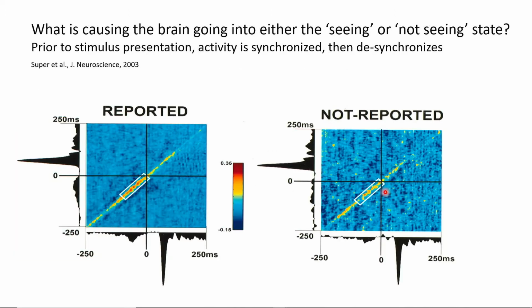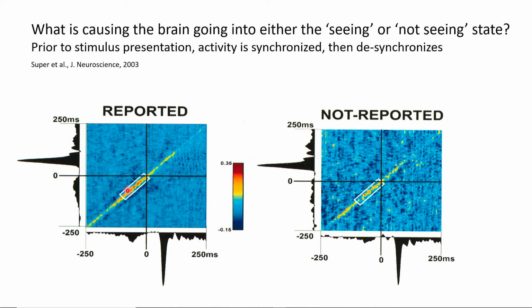And what we also found was this. If you look at the activity again preceding the stimulus onset, and then look at synchrony between neurons, because we recorded from multiple electrodes at the same time, you'll see that preceding the arrival of the stimulus, you get this peak of synchronous activity, sort of in expectation of what's going on there.